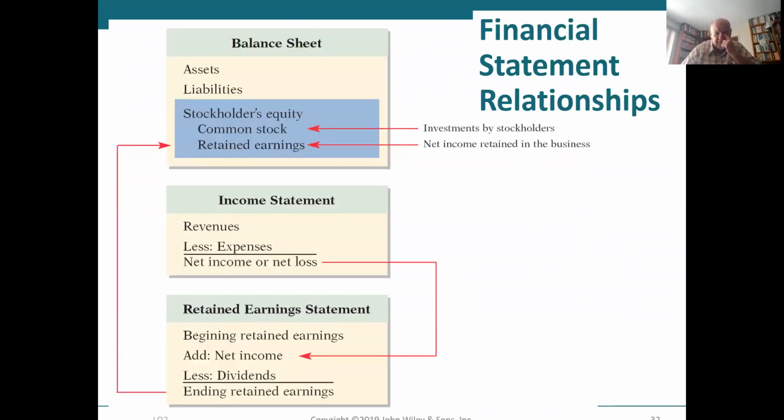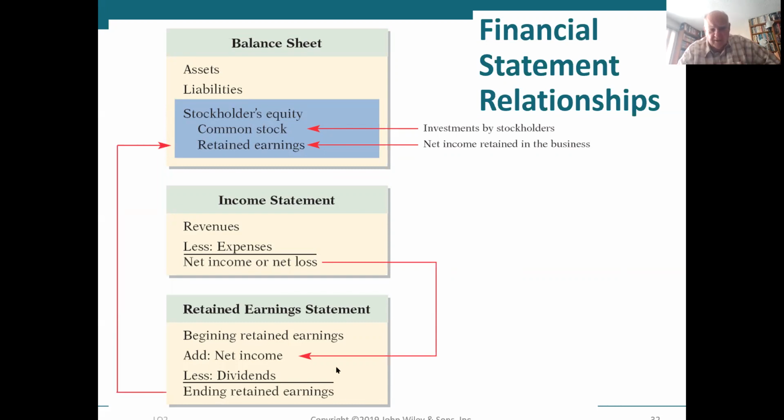Let's take a peek at our financial statements. Now, we think we did a little bit of this. We have a balance sheet. Assets equals liabilities plus equity. That's all that is. And we have an income statement. Income statement is simply sales or revenues minus expenses. We have to do the income statement first because we need that number to do the retained earnings statement.